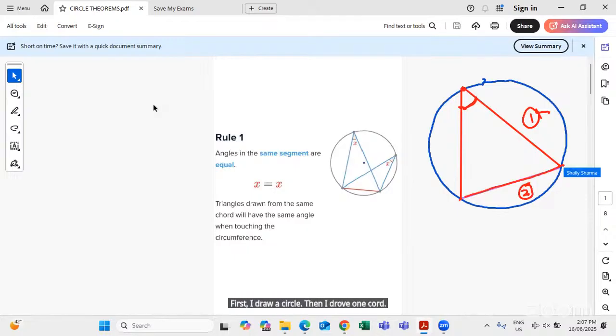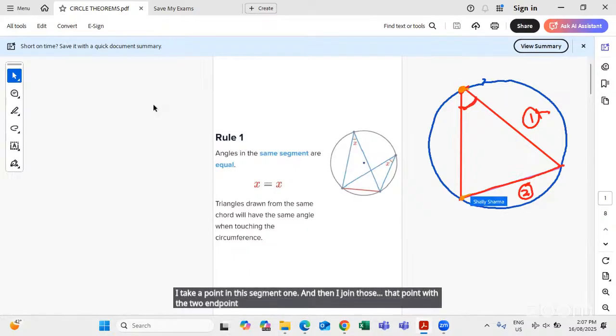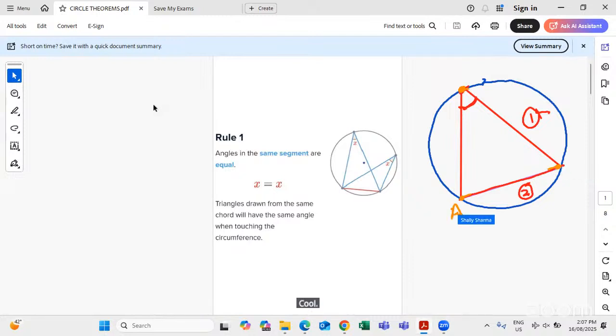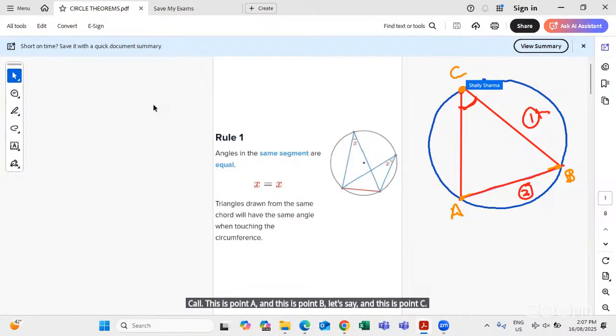This chord divides the whole circle into two segments, segment 1 and segment 2. I take a point in segment 1 and then I join that point with the two endpoints of the chord. This is point A and this is point B, let's say, and this is point C. Now again I take one more point, repeating the same steps. In the same segment 1, I take another point and let's say that point is D.